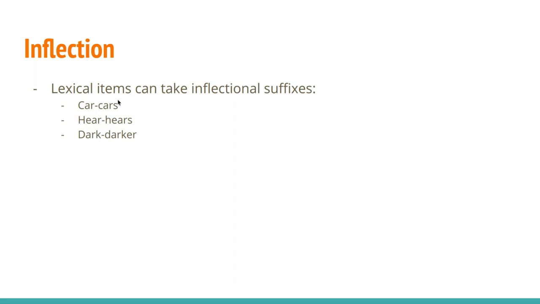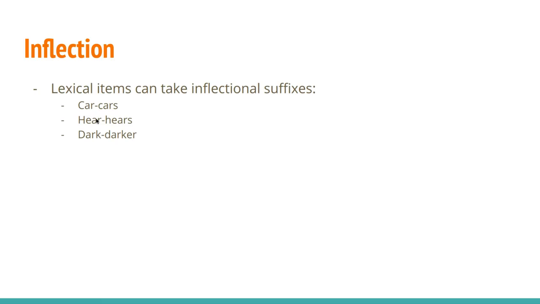So we can have, for example, car and cars. The S over here is not changing the meaning of my word. It's not changing the category of my word. It's still a noun. We have singular noun, plural noun. So evidently, this is inflectional since all I'm doing is adding an S to mark the plural for that noun.